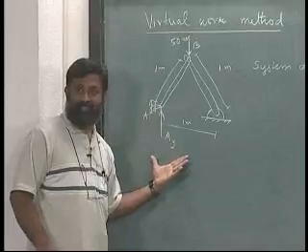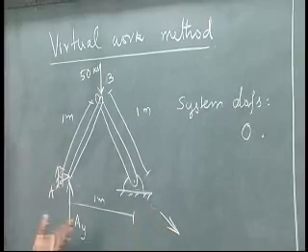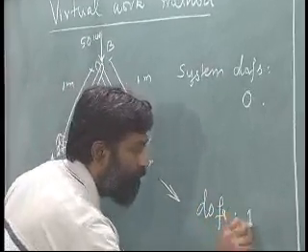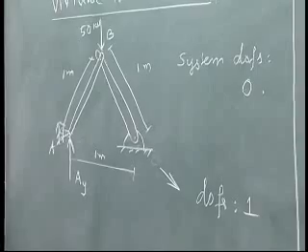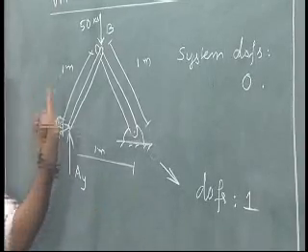And once we do this exercise, we know the number of degrees of freedom for this body is equal to 1. What is this degree of freedom? Vertical movement.